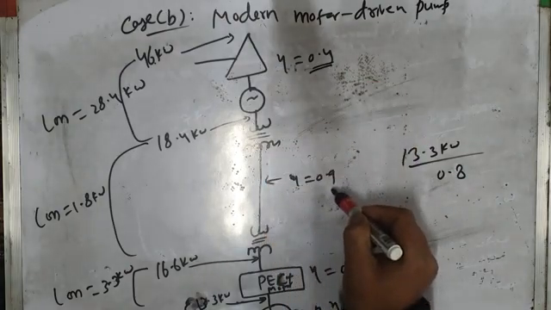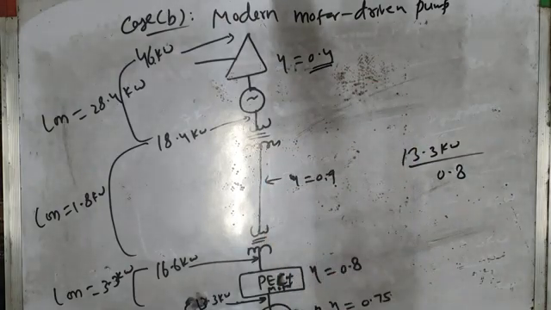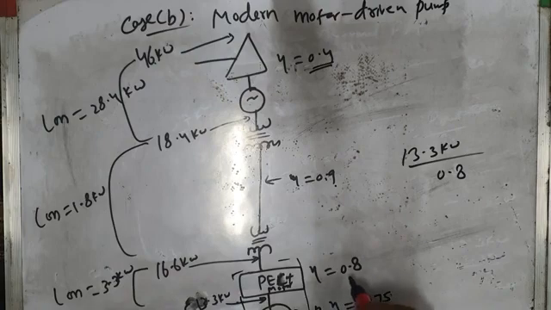Transmission line efficiency is also 90%, same. Pump efficiency is also same, 75%, but we have improved the efficiency of the power electronic converter plus motor. I mean, the overall efficiency of this motor driven pump, which is now modern power electronic converter based motor driven pump, you have increased efficiency from 40% to 80%, and hence you have saved the energy.